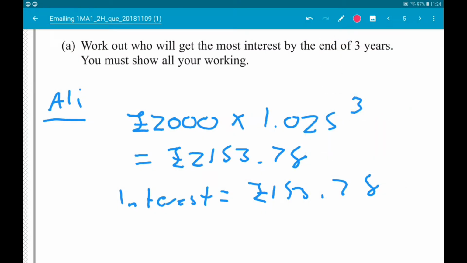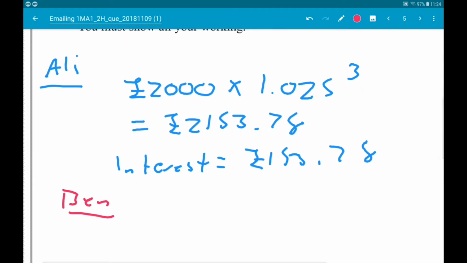Okay, then we're going to do the same for Ben. So for Ben, we're going to do 1,600. Now, his interest is 3.5%, so we're multiplying this by 1.035 to the power 3.